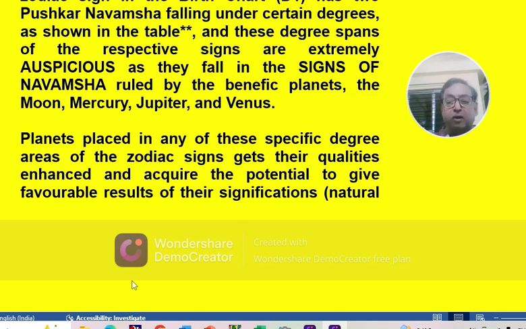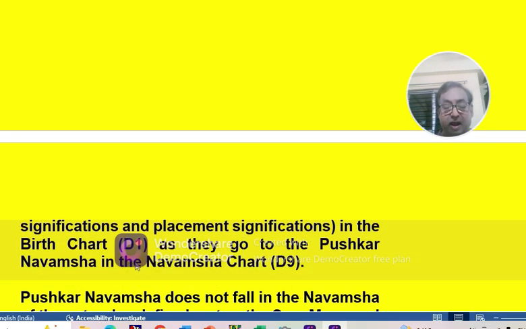Planets placed in any of these specific degree areas of the zodiac signs get their qualities enhanced and acquire the potential to give favorable results of their natural significations and placement significations in the birth chart, as they go to the Pushkar Navamsha in the Navamsha D9 chart.